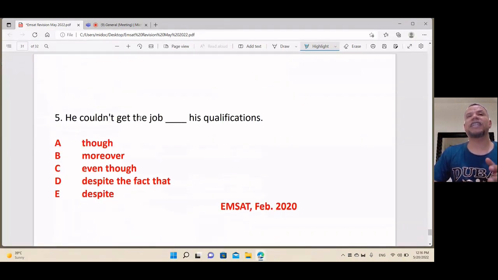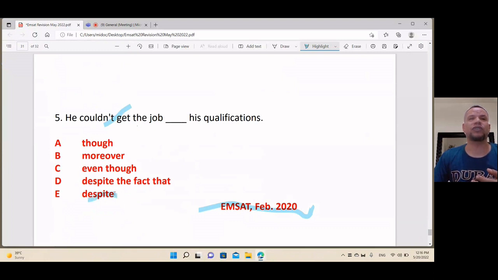He could not get the job. His qualifications. EmSAT February 2020. He couldn't get the job. His qualifications. He couldn't get. So negative here. He didn't get the job. He has no job. His qualification, what? Though, moreover, even though, despite the fact that, despite.